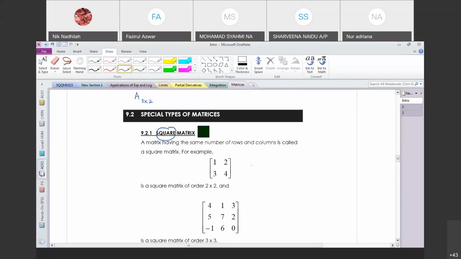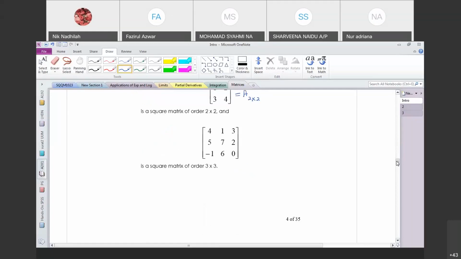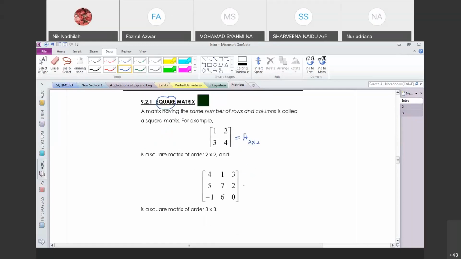For example, let this be matrix A. As you can see, there are two rows and 2 columns, so it's a square matrix. The same for here. Let's say this is the matrix B, as it is a 3 by 3 matrix.